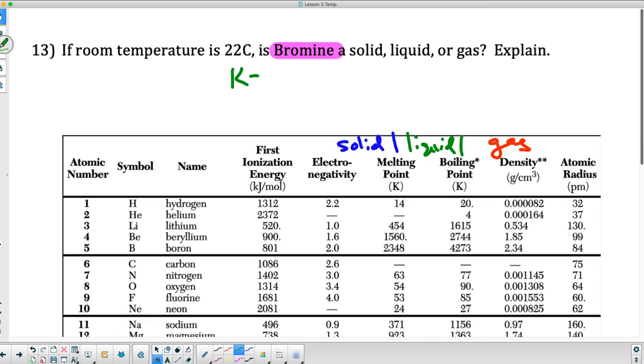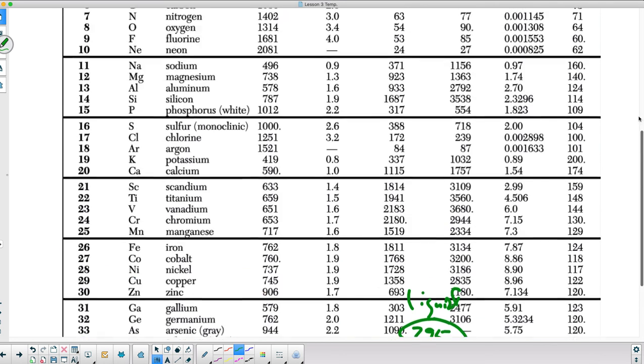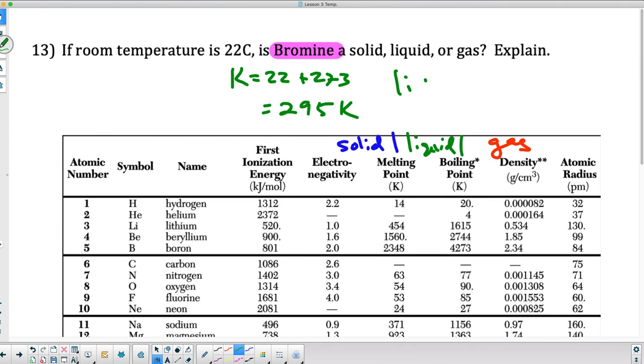So for Kelvin, I put 22 plus 273, and that gives me 295 Kelvin. Now what is 295 Kelvin for bromine? Bromine's down here at 266 and 332. 295 is right in the middle, which makes that a liquid. So I go back up and I can say this is going to be a liquid because it's in between.